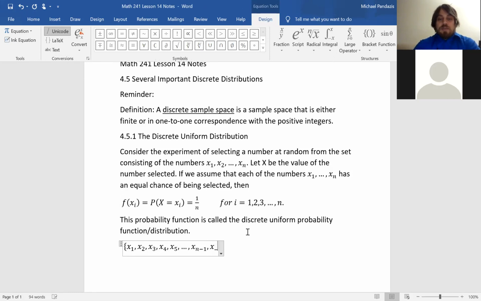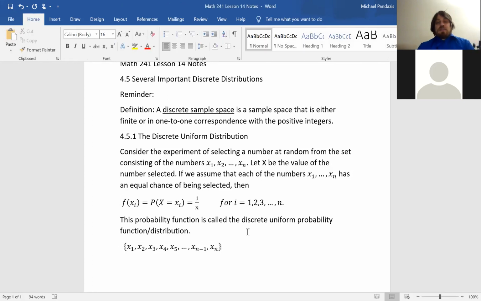Okay, so I did an extra one before the last one. So you have that set. And so the experiment is selecting a number at random from this set. They're all different. Okay, let capital X be the value of the number selected. So if you select x5, then capital X would be x5. If you selected x2, capital X is x2.